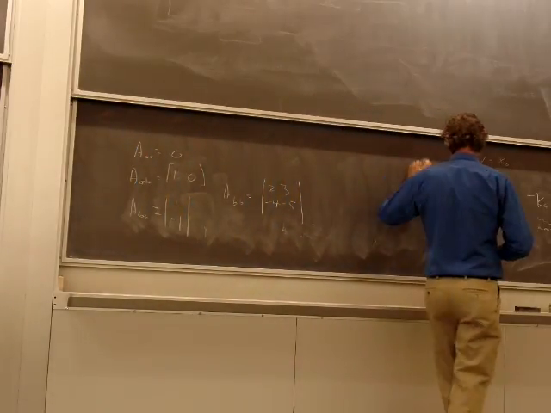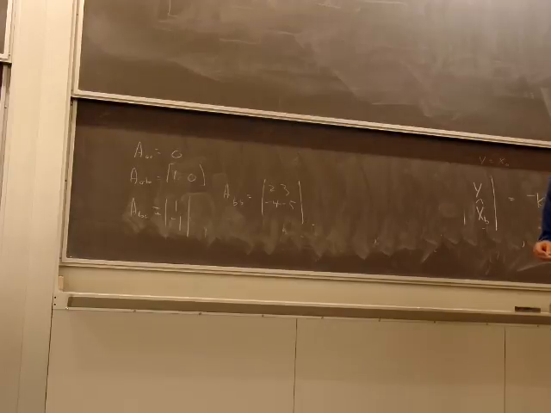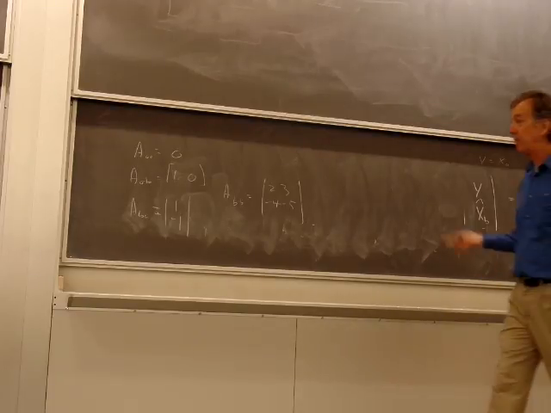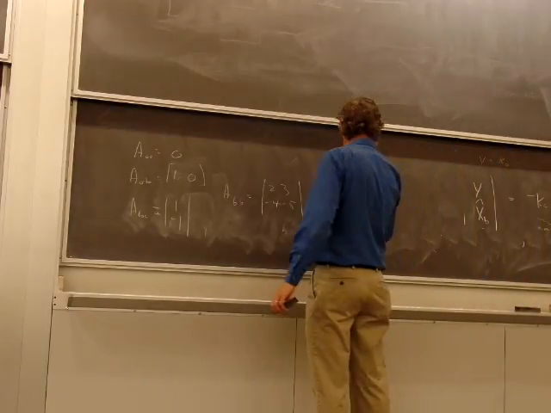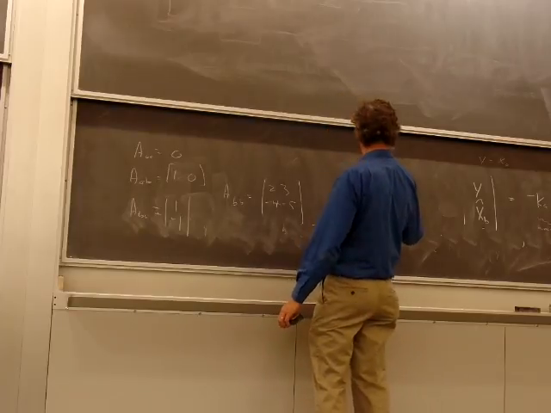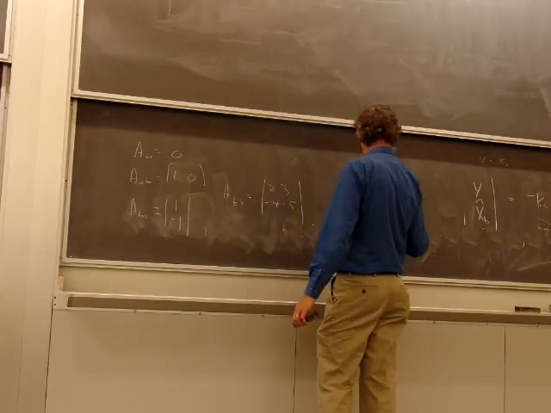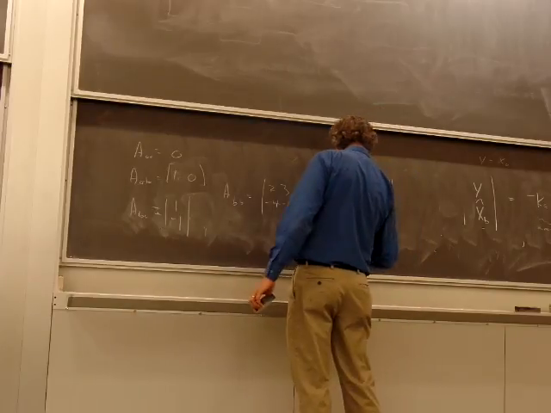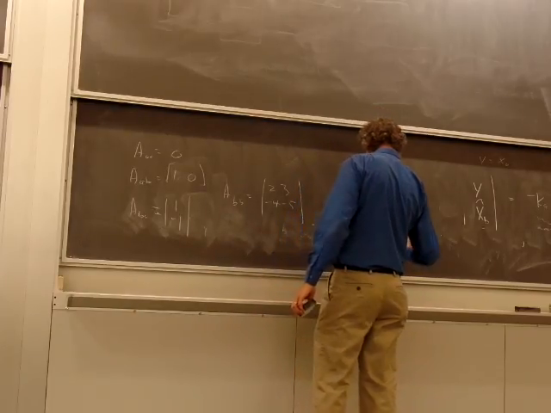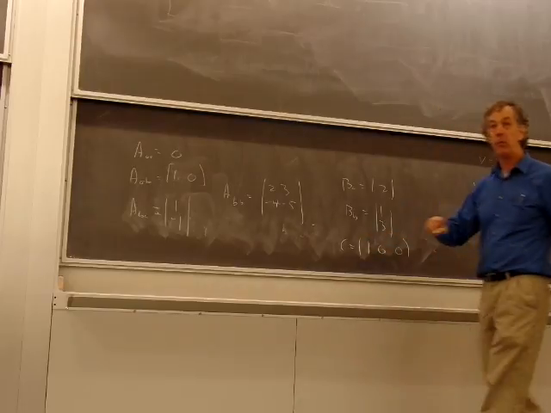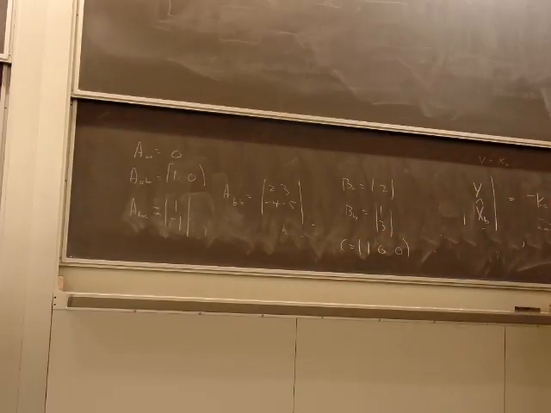They're all square, that doesn't matter in this approach. And of course my BA is 2, BB is 1, 3, and C is always 1, 0, 0. I'll put 1 there because that's the one I'm measuring.